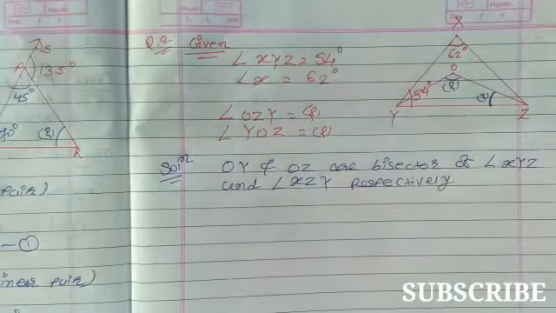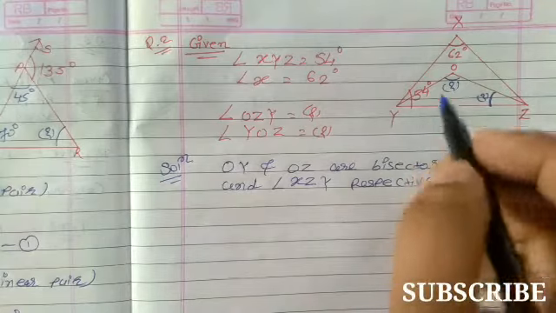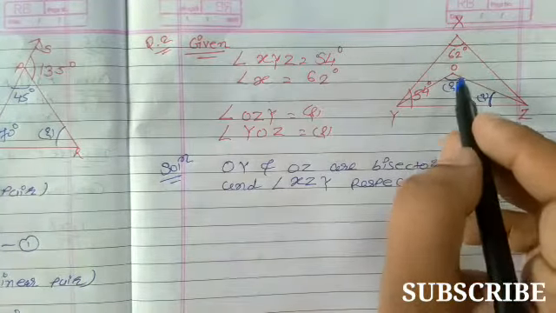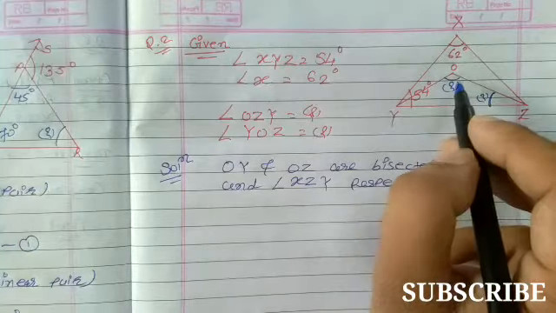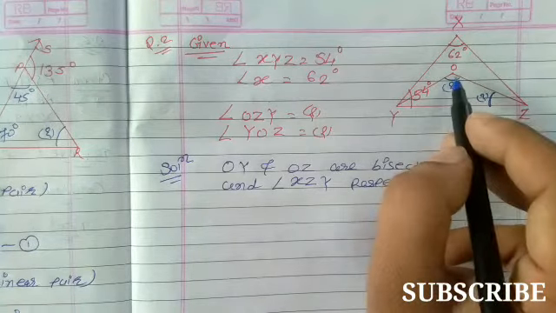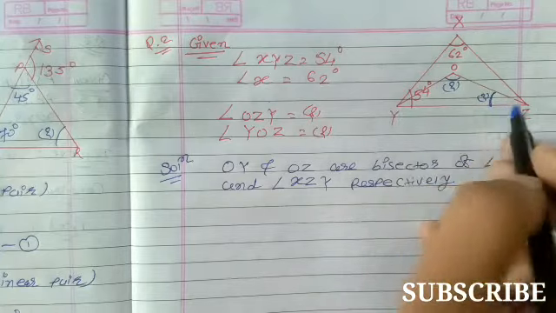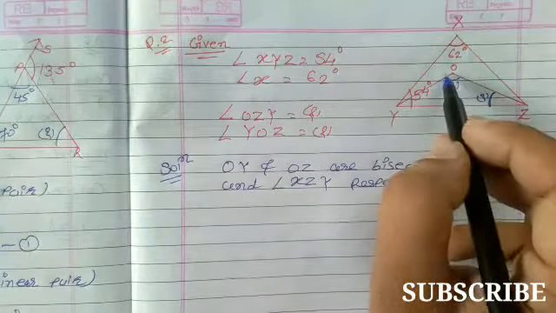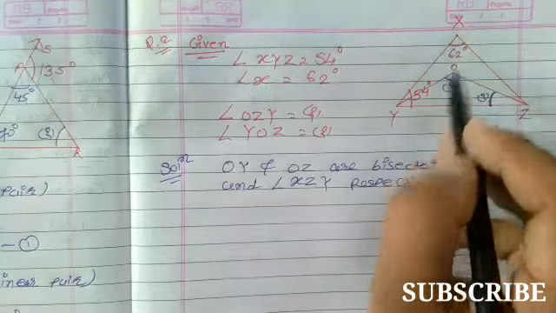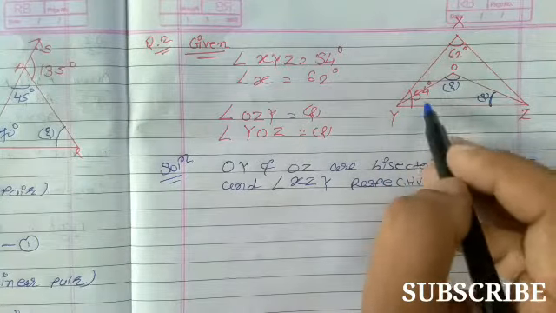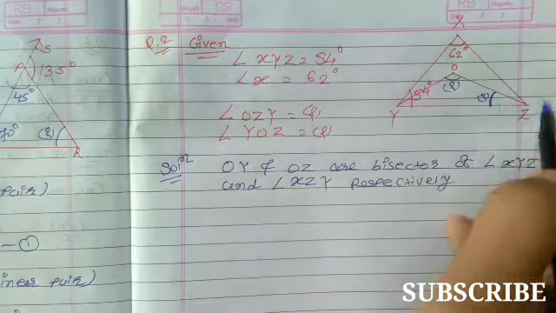Now, how can we find angle OYZ and angle OZY? First we have X equal to 62 and Y equal to 54 degrees, so we can easily find angle Z.